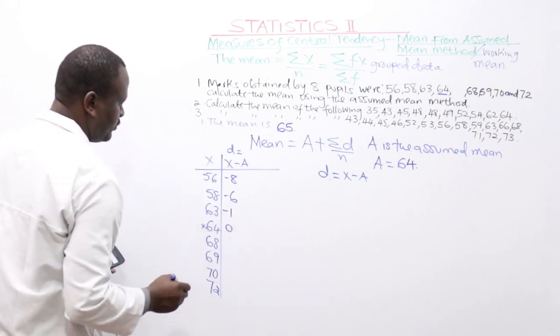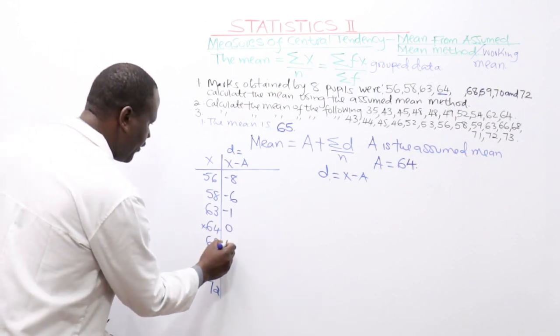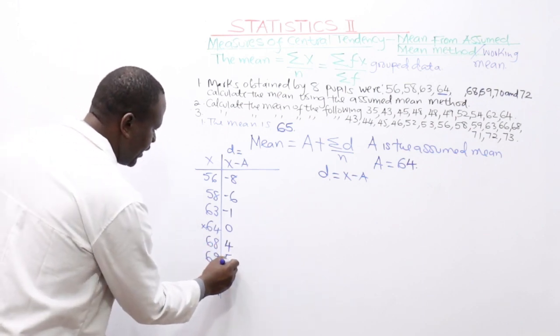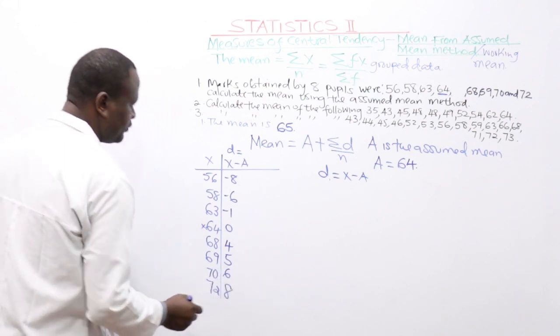This will be 0. 68 minus 64 is 4. This will be 5, 6, 7, 8.